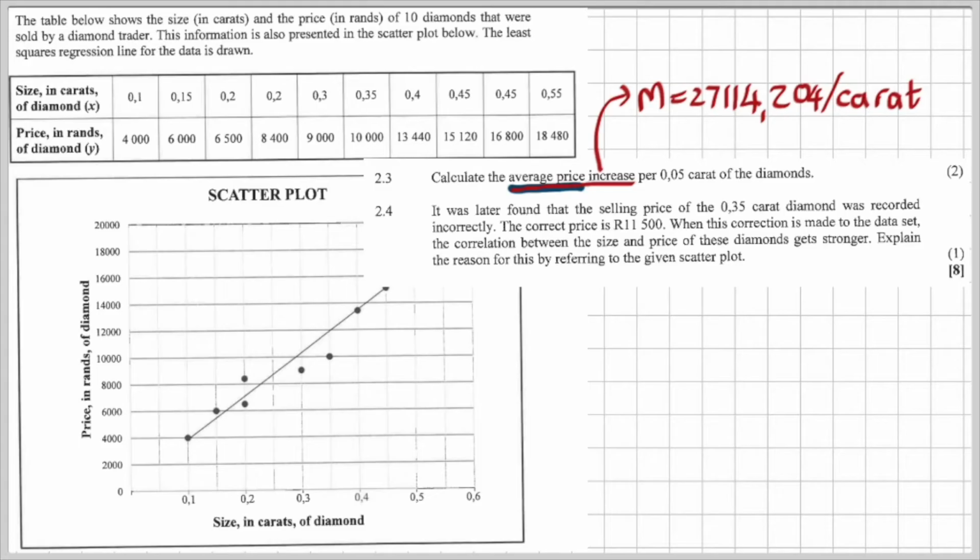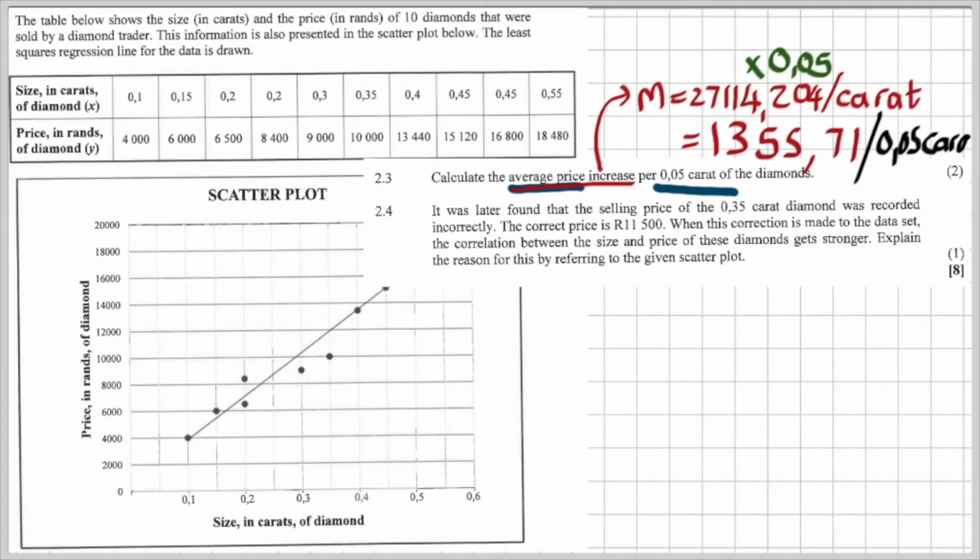Now you've got to think. They are asking me per 0.05 carat. So what must I do? I'm just going to multiply this 27,000 by 0.05, and this gives me a value of 1355.71 per 0.05 carats.